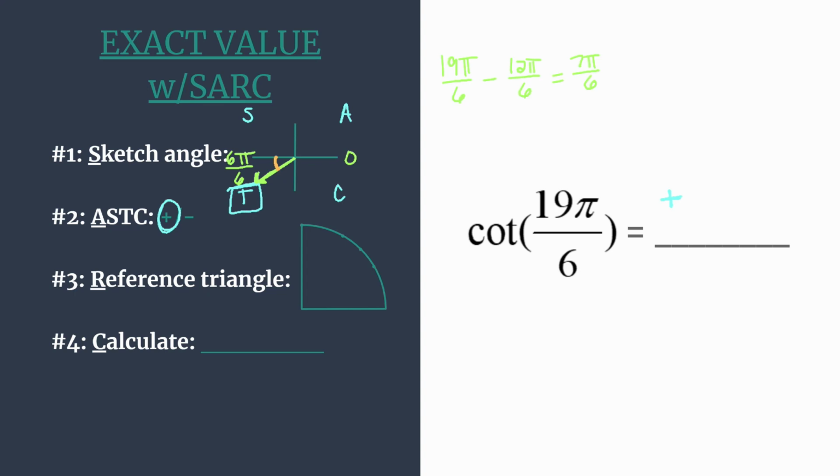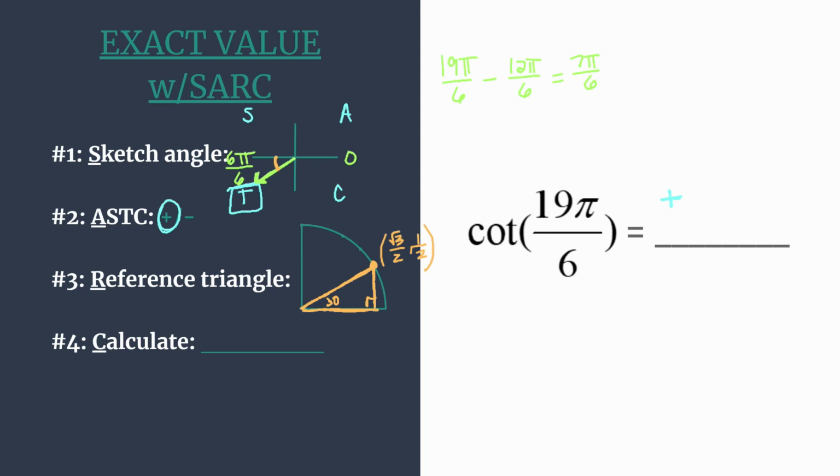So that's our reference angle, pi over 6. That's the same thing as 30 degrees, so we will be using the 30, 60, 90 special right triangle. That's the one with the longer leg as its horizontal leg. That should help you recall the coordinates for that special right triangle on the unit circle: square root of 3 over 2 for the x, and then the shorter vertical leg will be 1/2. That's the y coordinate.